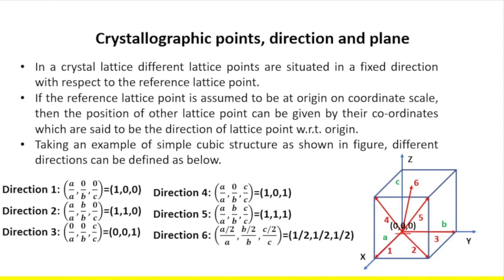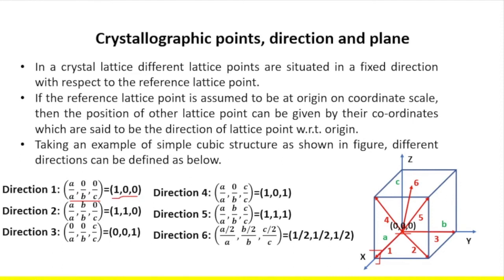So here are some examples. For the first one here, the coordinate of this point will be a, 0, 0. Now if we divide this coordinate by the lattice constants, here you see a, 0, 0 is divided by a, b, c, then we will have the direction of the point.